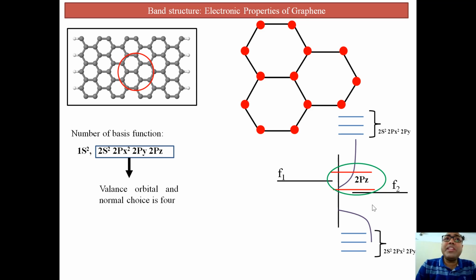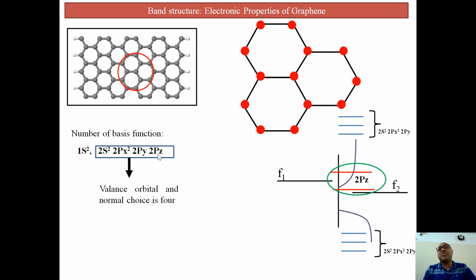Okay. Again, I'm telling you, if you are comfortable over there, you can choose 4 basis functions and you can solve it, absolutely no issue. You will get the same result if I choose Pz. Now, if you go back and check out all the journals and literature, you will see sometimes people are considering 4 basis functions, sometimes 3 basis functions, sometimes 1 basis function.